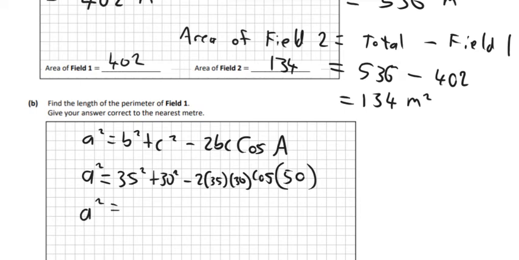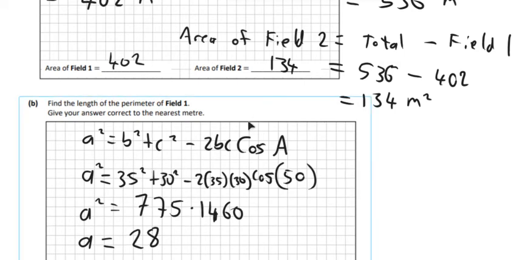Again, use the calculator, and we get 775.1460. That only tells us what a squared is, so you need to take the square root of that to get a. It's 28 when rounded off, because we need our final answer to the nearest meter anyway.